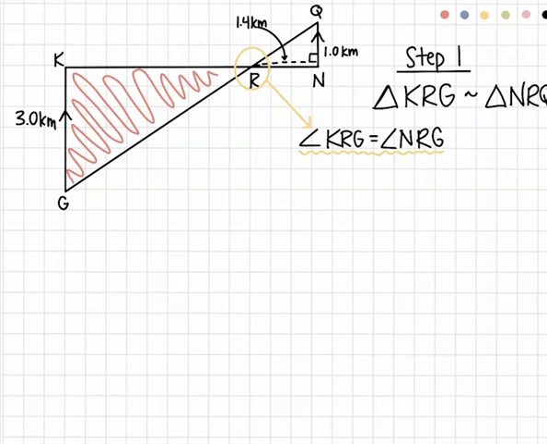Okay? And then I need another set of angles. So I'm going to do angle RKG. So if I'm talking about angle RKG, which angle am I referencing? I'm referencing angle K, right? Maybe I shouldn't do it like that. Maybe I should do it like this so it doesn't look like an equal sign. So I see angle RKG, and I'm going to say it's equal to angle R. Now, which angle is going to be equal to K?